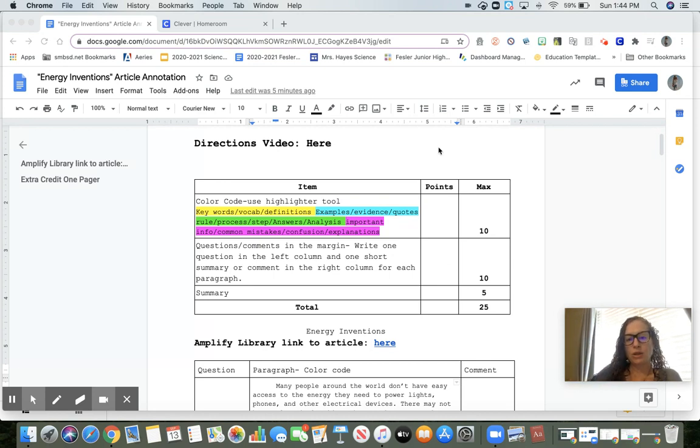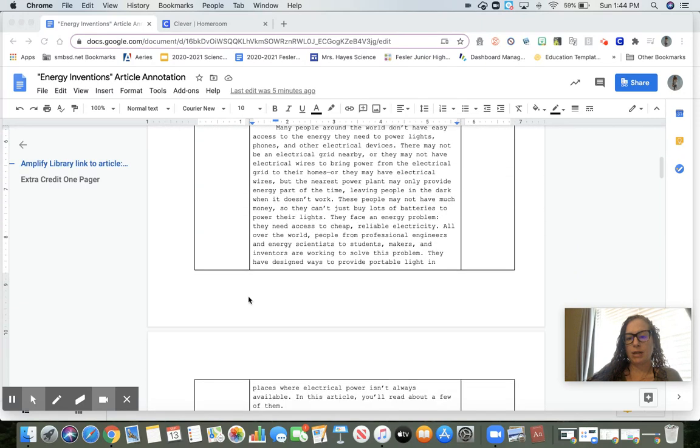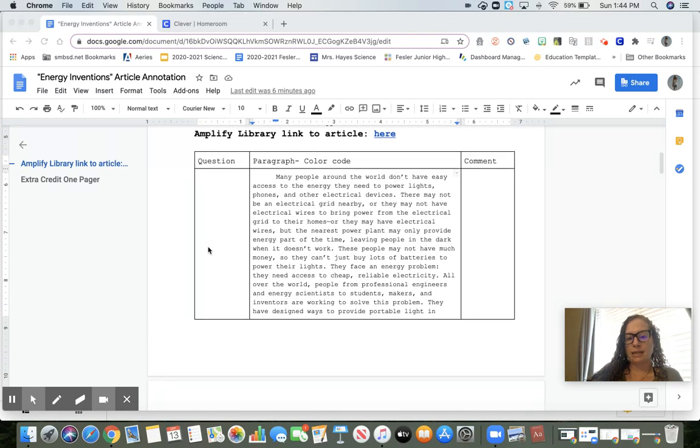All right, so here's our rubric. We do need to highlight and we're going to use our color code. So I'll go over that with us. And then we have to do questions and comments in the margins and a summary. So if you look at how this is set up, each paragraph, you need to ask at least one question in the left margin. You need to have at least one comment in the right margin, like a summary statement.